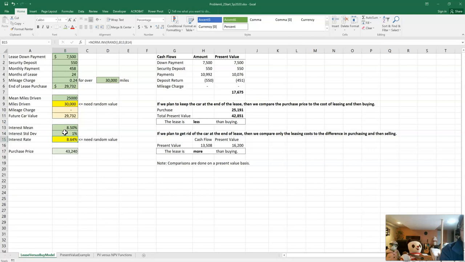And what's kind of interesting, you may have noticed this playing around with it yourself, that if I'm just going to dump the car in 2 years, the lease always appears to be more than the present value of the lease. That's this value. It seems to always be more than the present value of buying it and selling it, kind of no matter what happens with this, and depending on what you did here, playing around with this.